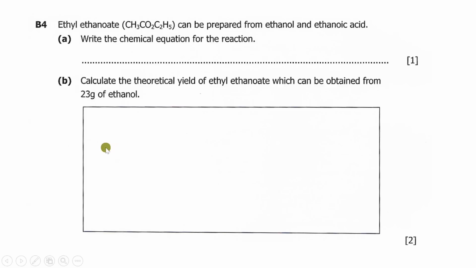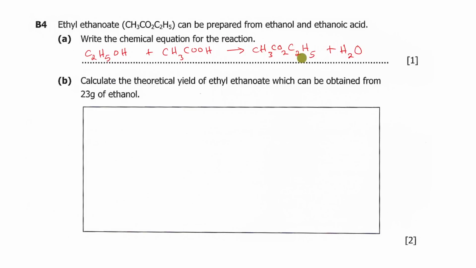Okay, so what have we said? We have said C2H5OH plus CH3COOH, which gives us CH3CO2C2H5 plus water.